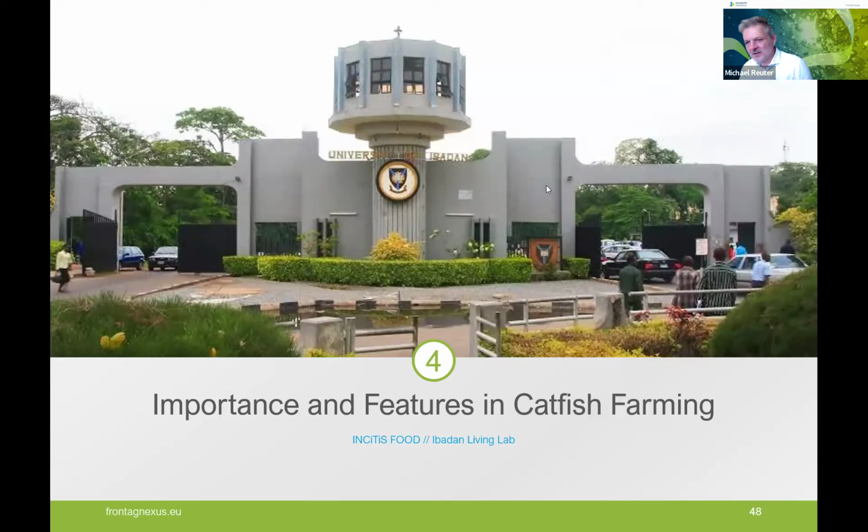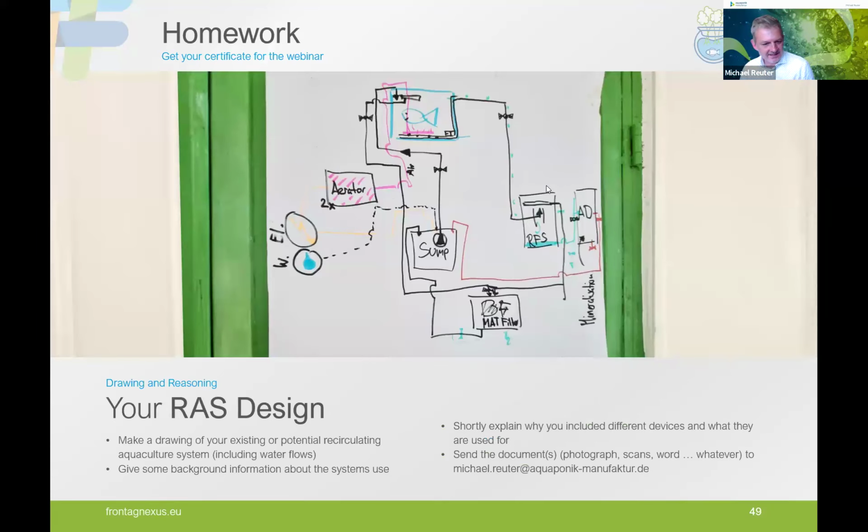We are already a little bit over time, so let's just switch quickly to our homework for this week to conclude this webinar. This week, we would want you to make a drawing of your existing RAS that you probably already are running at your facilities, or invent some potential recirculating aquaculture system that you would like to build one day.